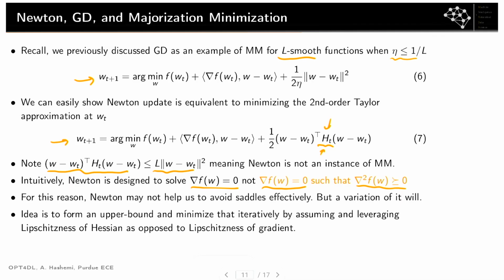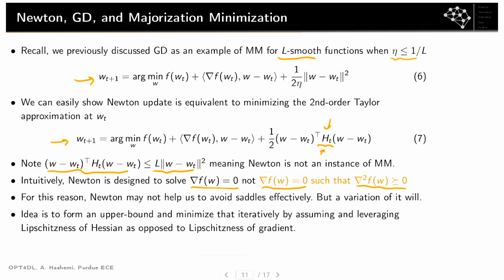Right. So what's the idea then? The idea is to come up with a natural extension of gradient descent that is going to be an instance of majorization minimization for functions that have Lipschitz Hessian, as opposed to Lipschitz gradient.